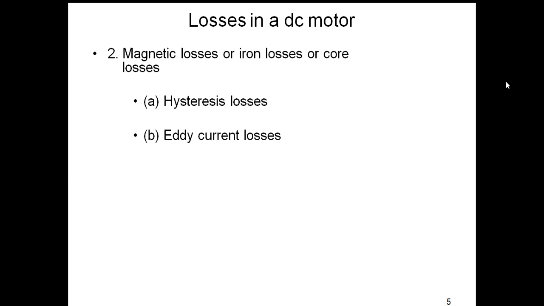And these magnetic losses are categorized into two types. One is hysteresis losses and the other one is eddy current losses.